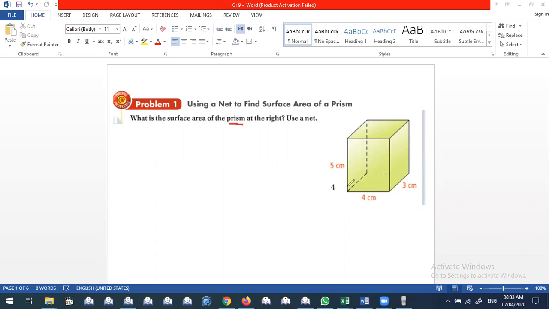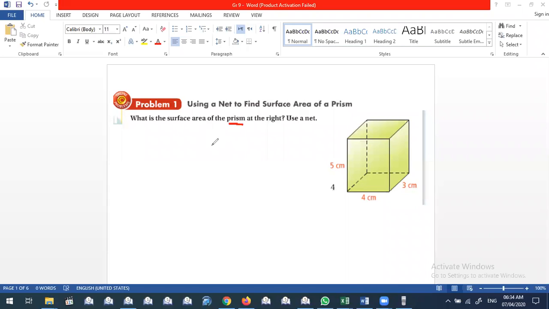Here I have 6 faces. 1, and the opposite to it 2. 3, and the opposite down is 4. 5, this one is behind, and the opposite to it is 6. So I will find the area of each face and add them.